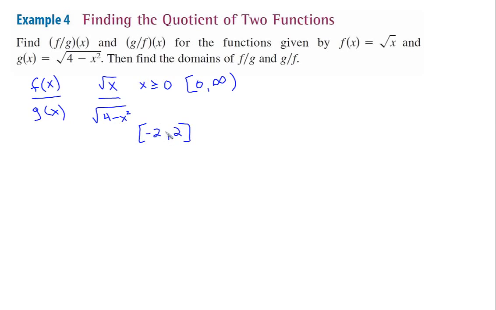Alright, remember this was just the domain for the top. This is the domain for the bottom. So the domain for the problem is going to be where these two domains overlap each other. Okay, let me draw a number line just to make it a little bit more visual for you guys. So the domain for the top here is basically, so here's the x-axis.